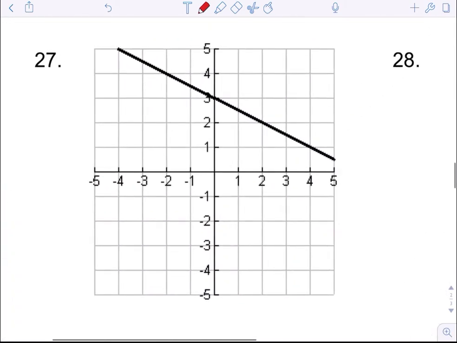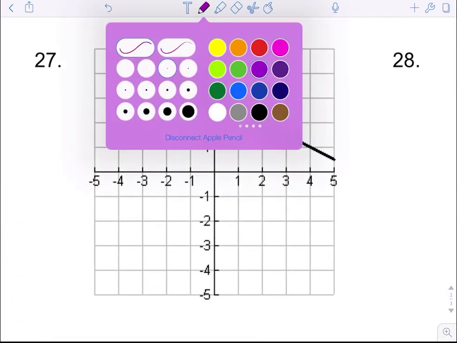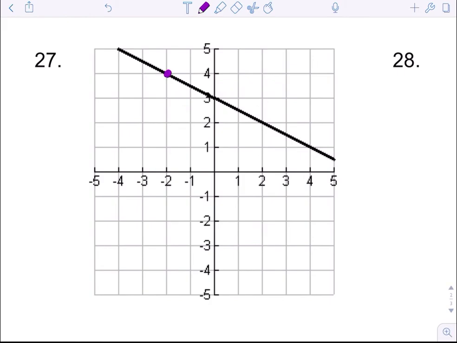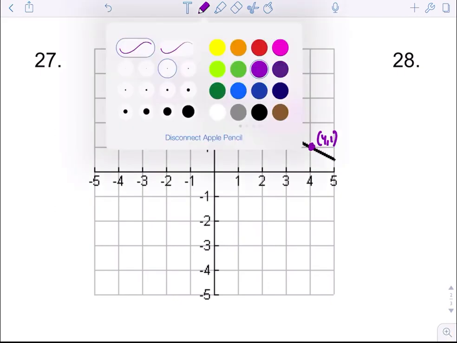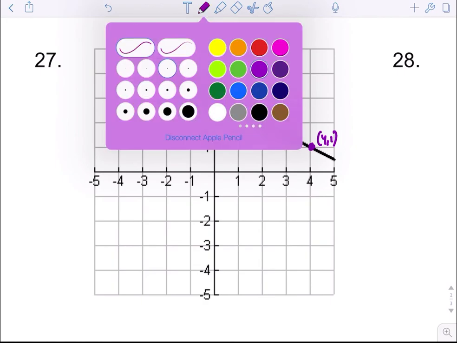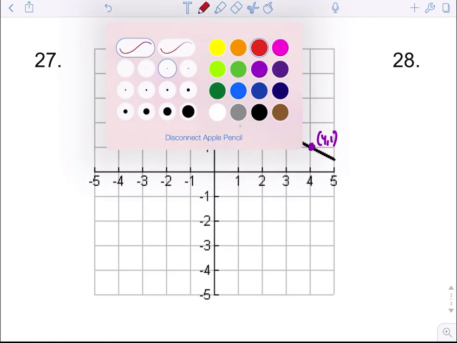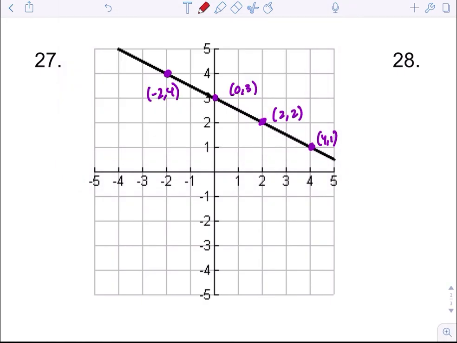27. Let's get some points down. We got this one, which is negative 2 comma 4. This one, 0 comma 3, this one, 2 comma 2, this one, 4 comma 1. Find the inverse of this. So we gotta switch every single x and y coordinate.